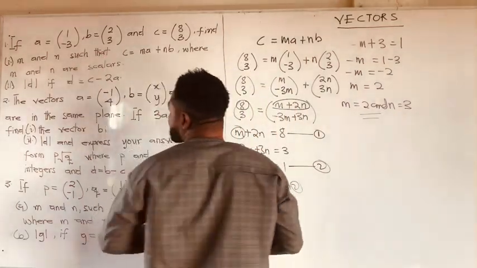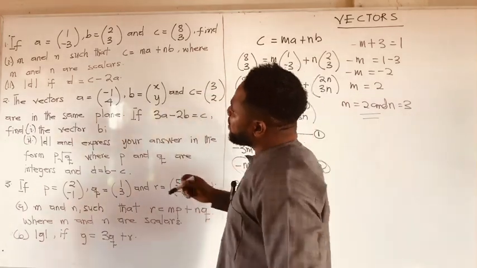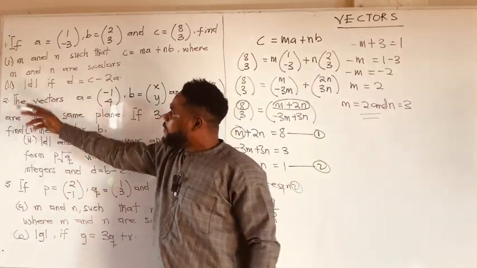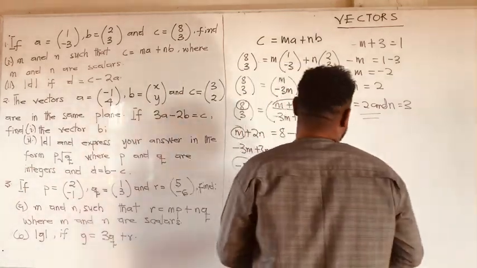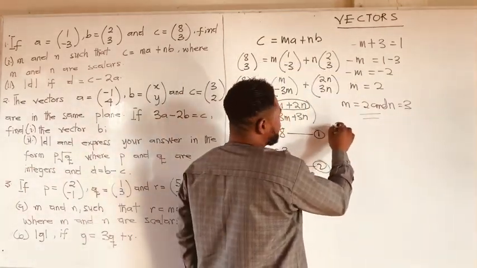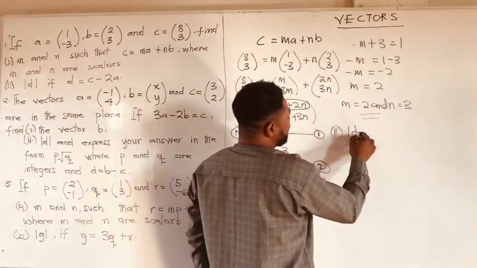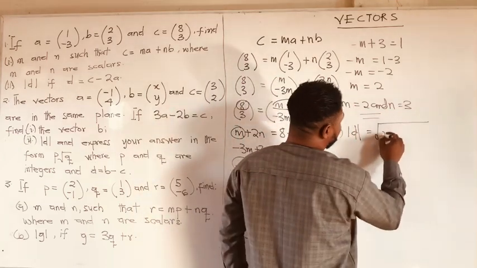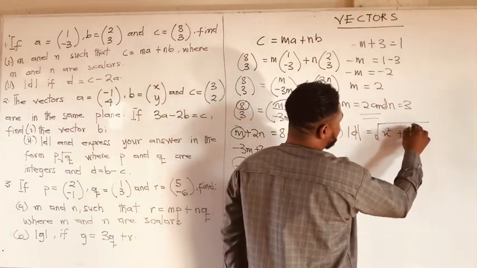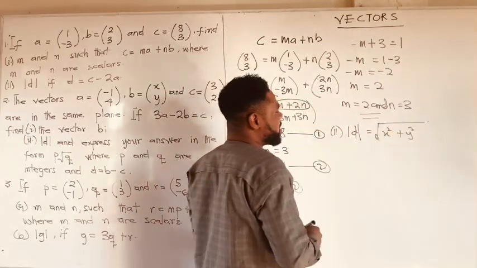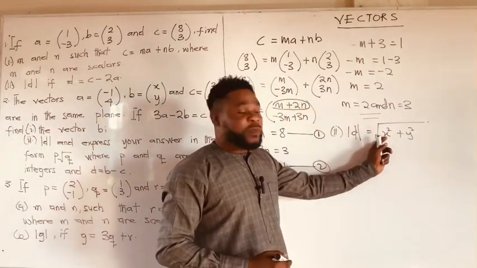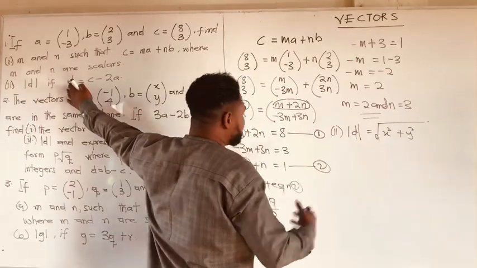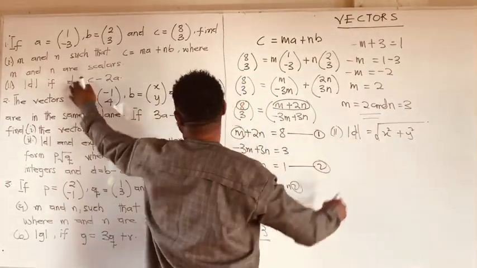Now let us see part II. We have been asked to find the magnitude of vector D. But we all know that the magnitude of a vector is given as the square root of x squared plus y squared. So now we need to get our components for D before we can find the magnitude.